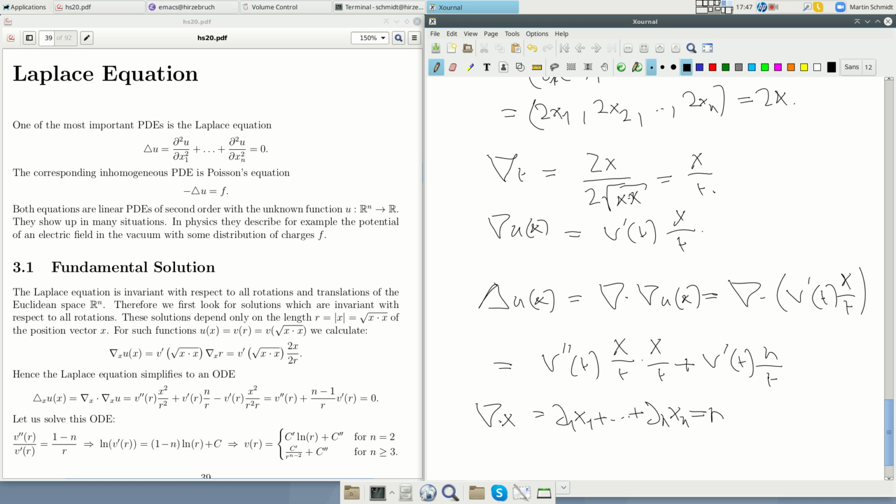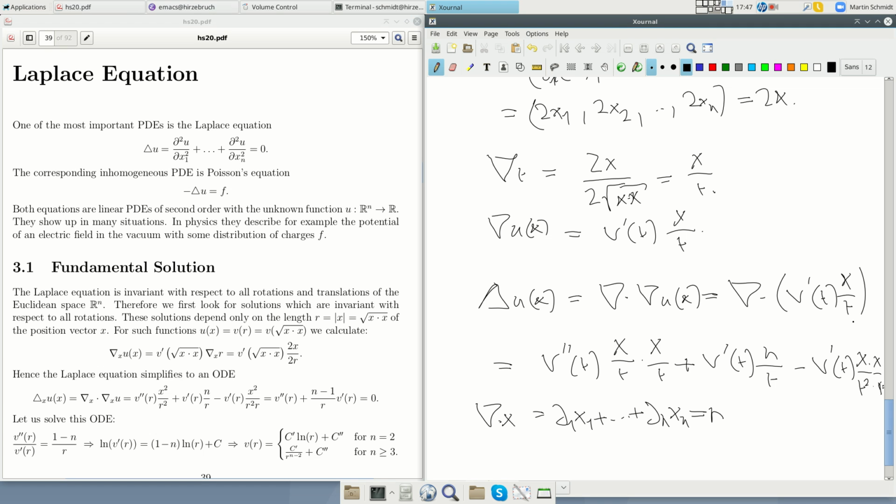And now finally we have to take the derivative here. This is again a function of r, but it's minus 1. So the derivative is v prime of r times x. Now 1 over r is 1, x over r squared times x, and we again have to multiply it by x over r.